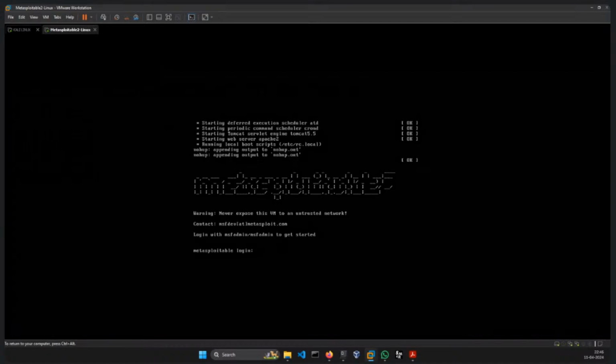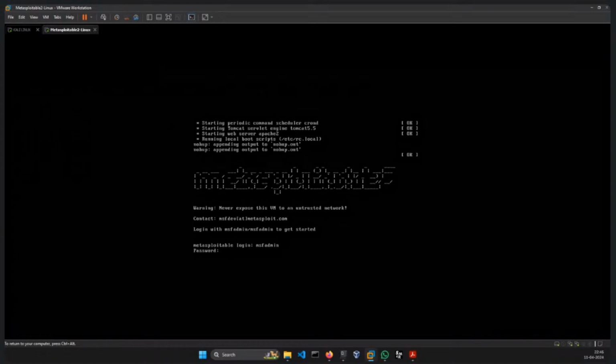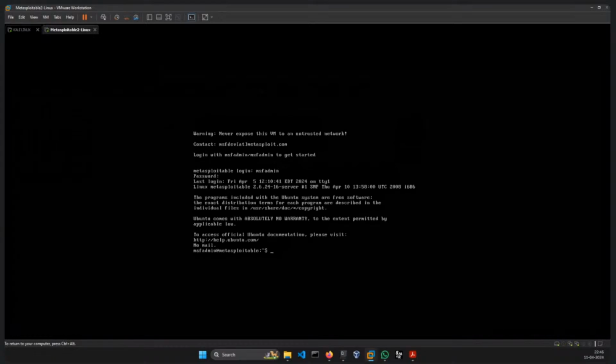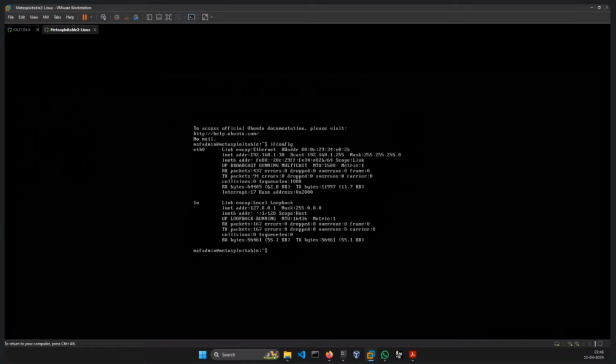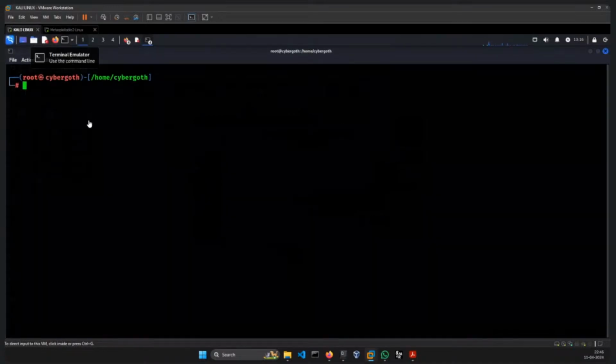We all know the credentials are msfadmin. Now we will just run ifconfig. So here is our IP address, 192.168.1.30. This is our target IP.